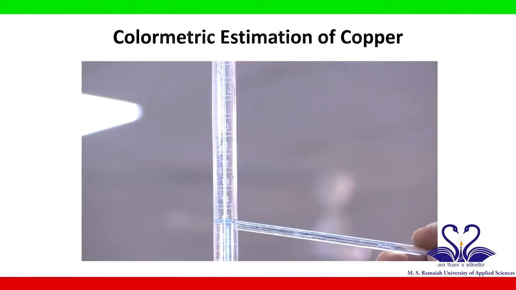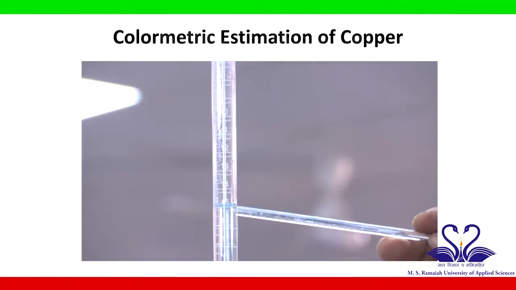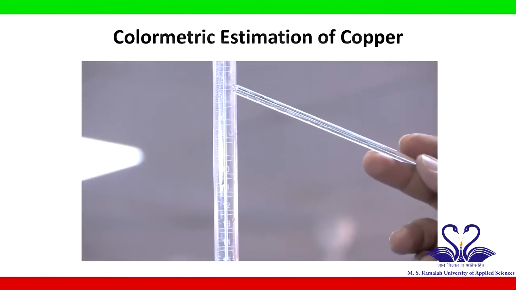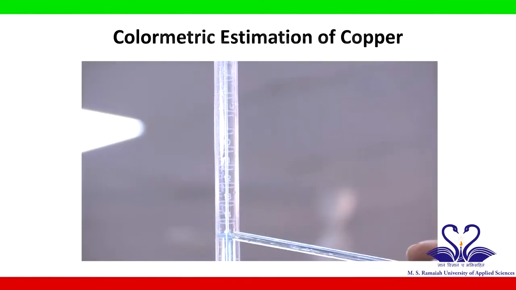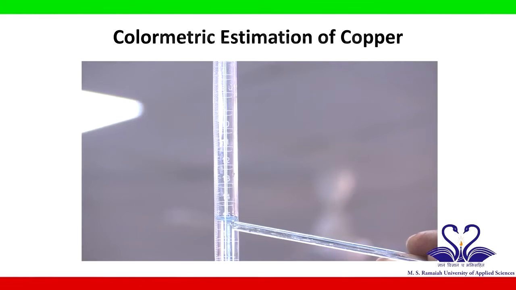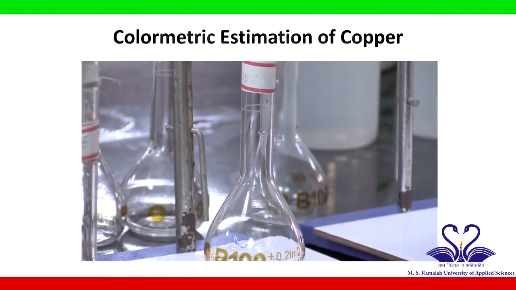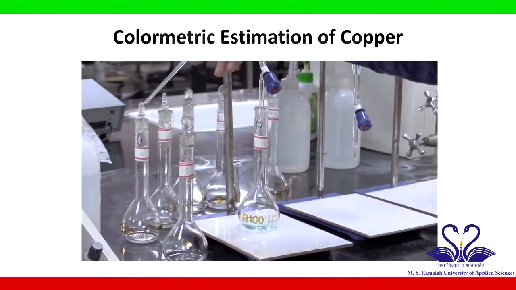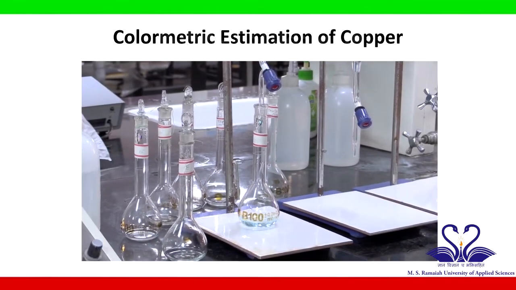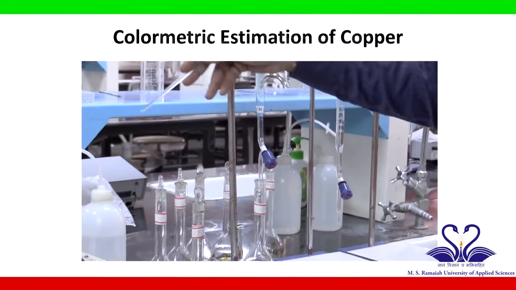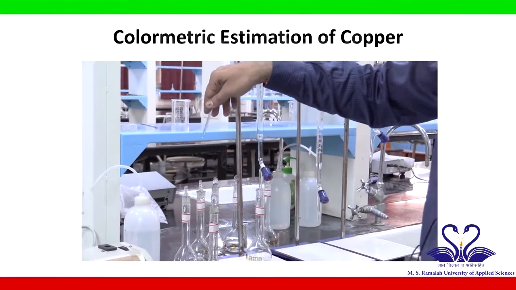So now it is 15. So 5 ml was for the first flask. So now it is 10 ml. So you are getting 15. So you have taken to the second flask. Similar way, you have to take it to the third flask, 15 ml. So you can continuously go on adding it, 15. So next 20 ml, and then 25 ml.